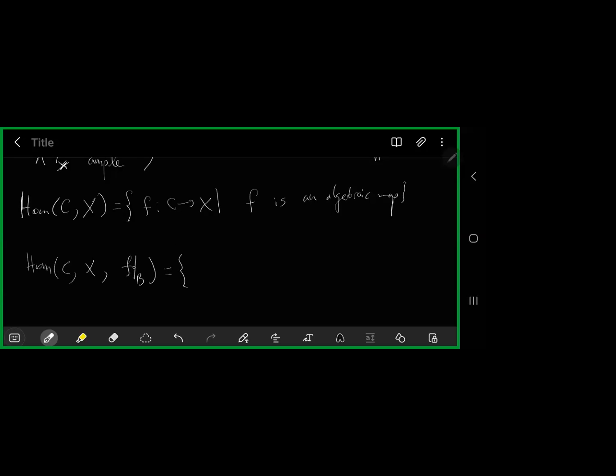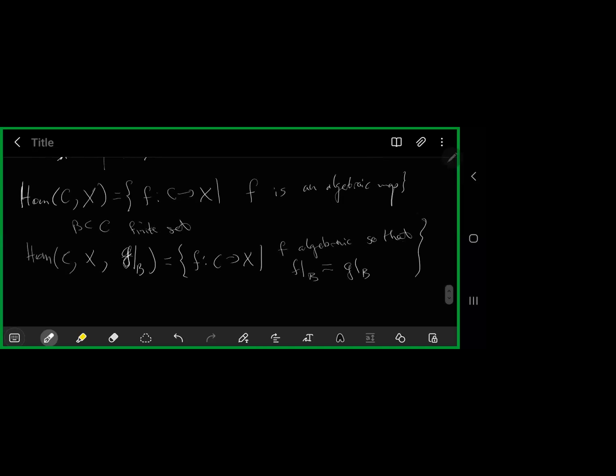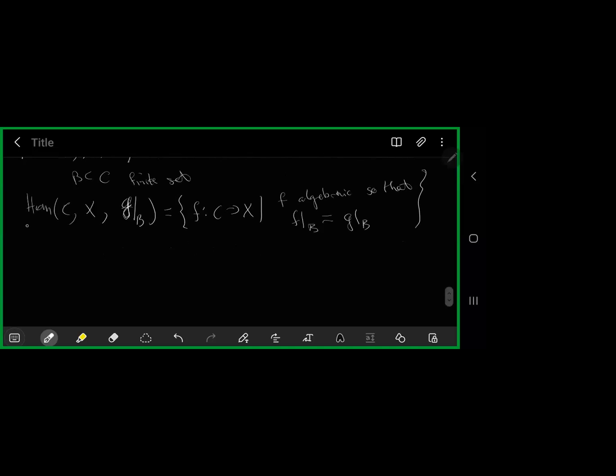So let me call this G. This is the list of all functions F, where F is algebraic, so that when you restrict this function to B, a finite set inside the curve, F of B is equal to G of B. This also turns out to be an algebraic space.